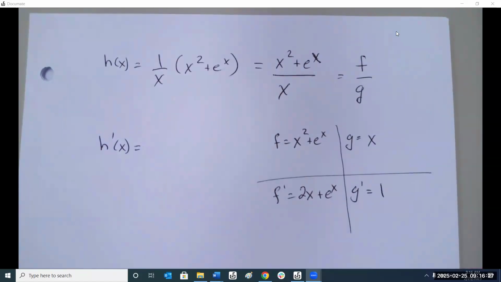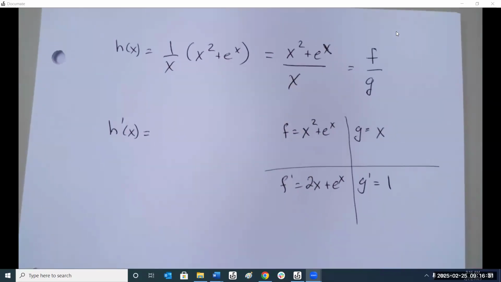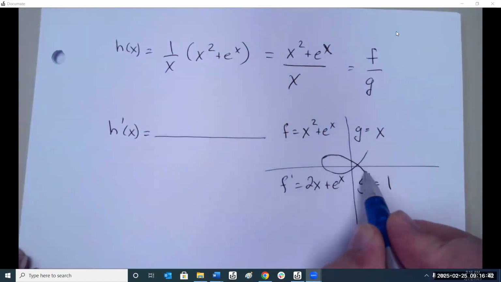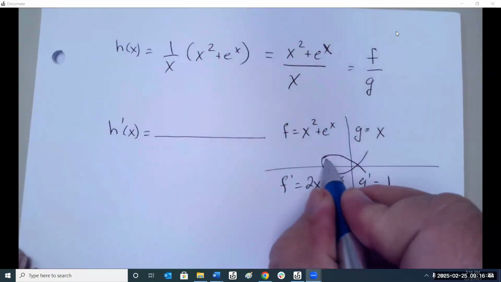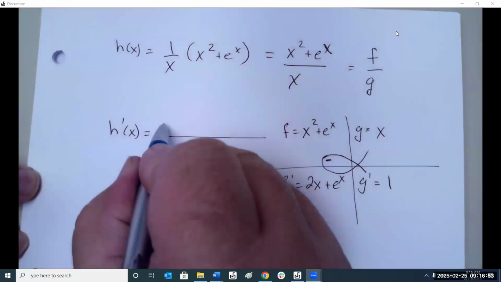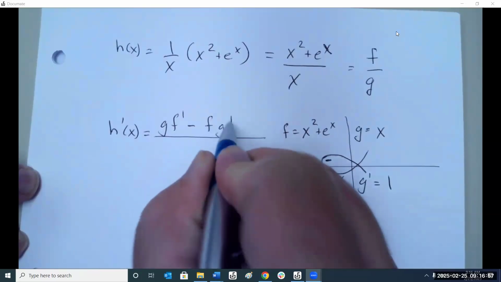And g prime is 1. So far, everything's the same. Here are the only two differences. Since you're dividing, you're making things smaller, you subtract. So this one's going to be g f prime minus f g prime.